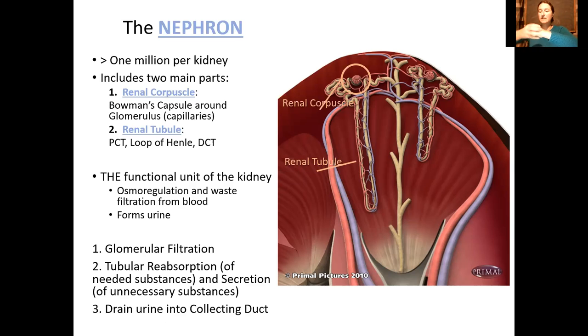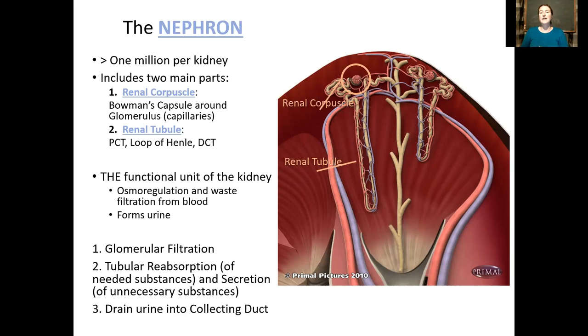So it cups around the glomerulus, blood comes into the capillary bed, and what's going to happen there is that components of the blood, not all of the blood, but components of the blood, are going to go from the glomerulus into this catcher's mitt of the Bowman's capsule, okay? All right, so that's the first part of the nephron.